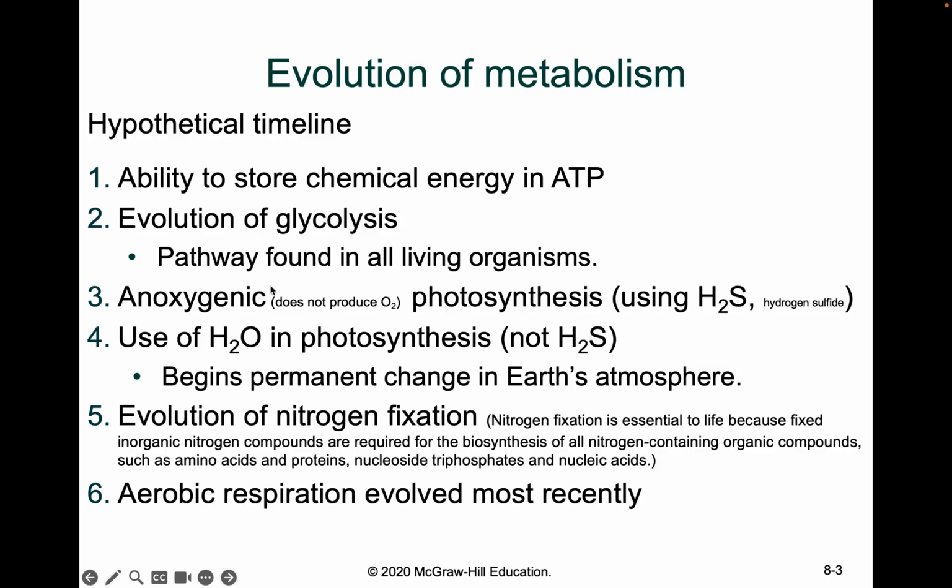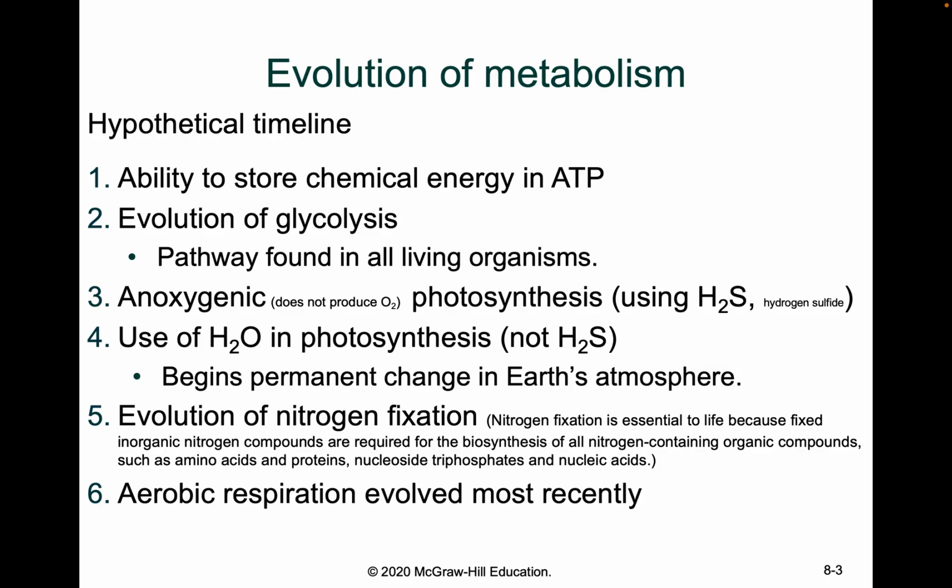They were using H2S, because that was what was in the atmosphere, and they were releasing a lot of sulfur. That explains a lot: during those times, the atmosphere was heavy in sulfur because all of these organisms taking in H2S were releasing sulfur.